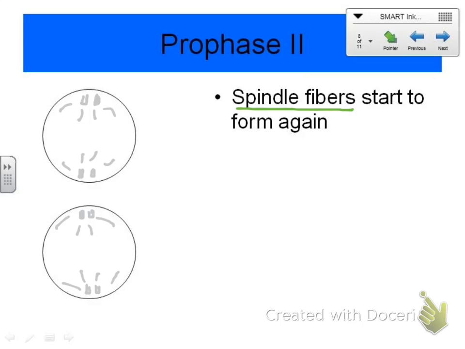Okay, so they've developed on both sides. Now my chromosomes are still hanging out in the cell. They're visible. You remember the key with prophase is we now see chromosomes.